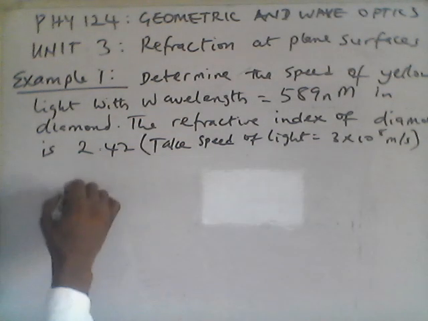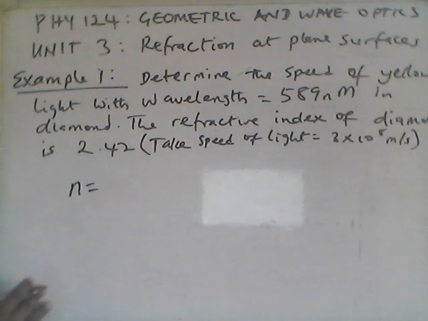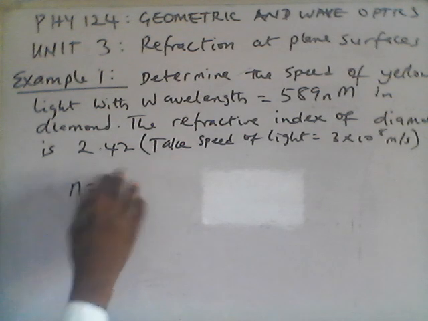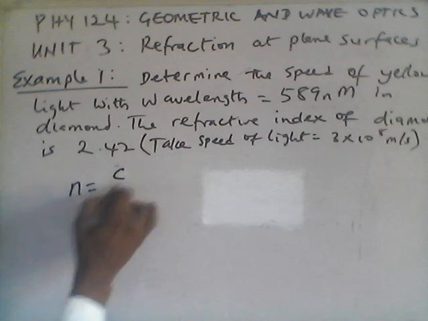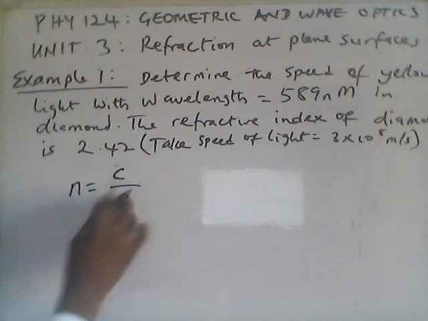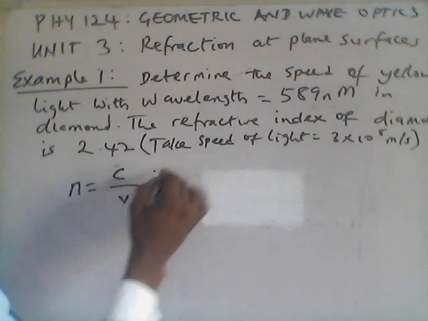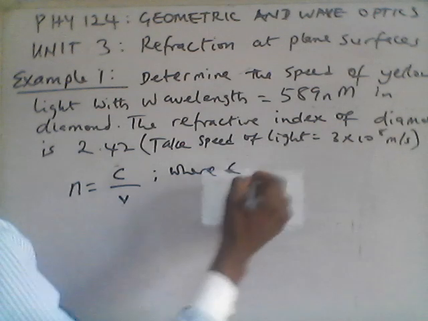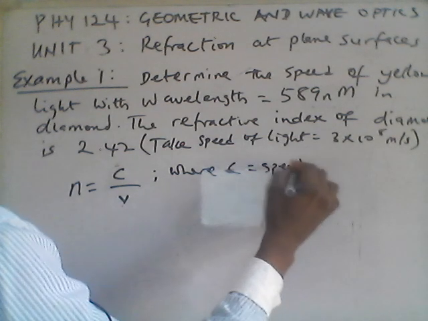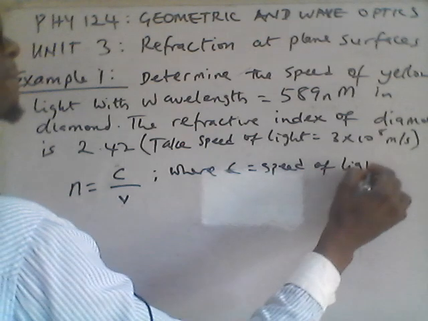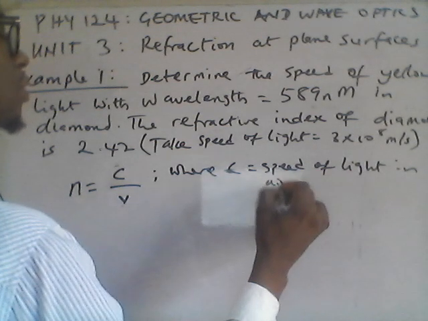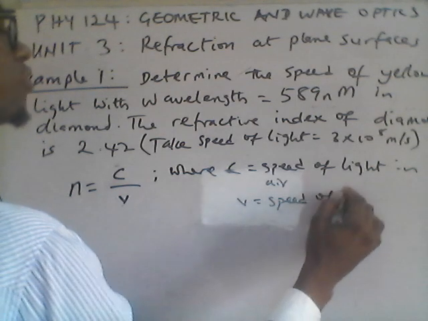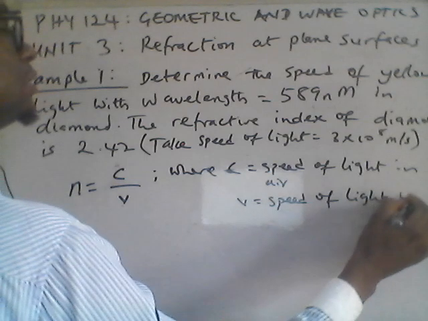Okay, so refractive index in terms of the speed of light and the speed in the material is n equals c over small v. This v is not velocity here. Always define your parameters. c is the speed of light in air, and small v is the speed of light in diamond.